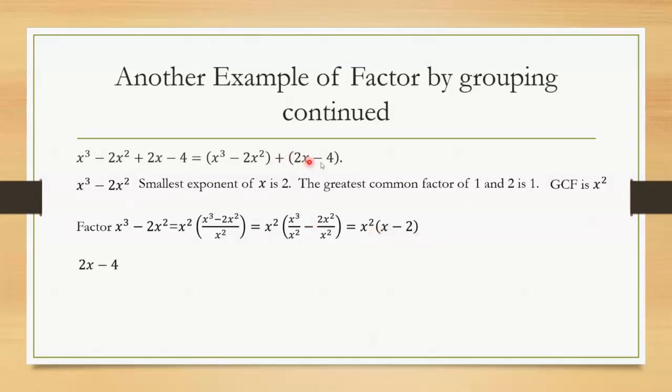And now we do the same thing for the second group, namely, we have 2x minus 4. And now we have to factor that. Again, we're just taking out the GCF of it. And again, notice that there's no variable in the 4, because 4 is a constant term. There's no x here. So the smallest exponent of x is 0. In other words, you're not going to factor out x at all.